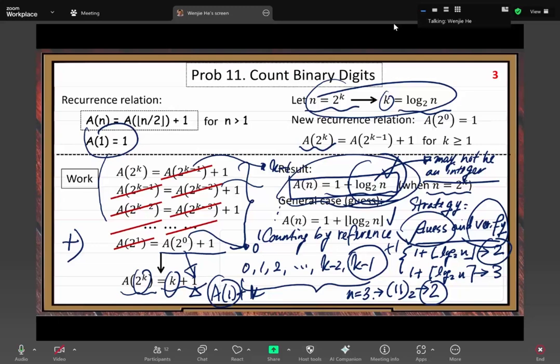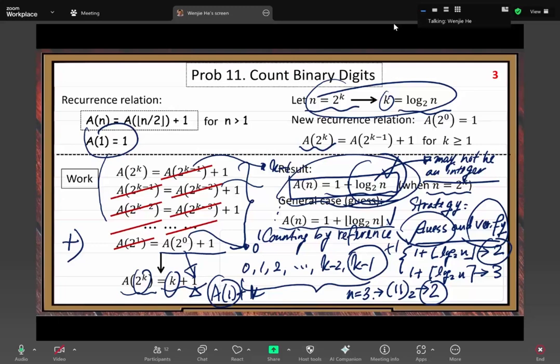We have this formula, but we need to show this formula is correct for all positive n numbers, and we prove it rigorously.